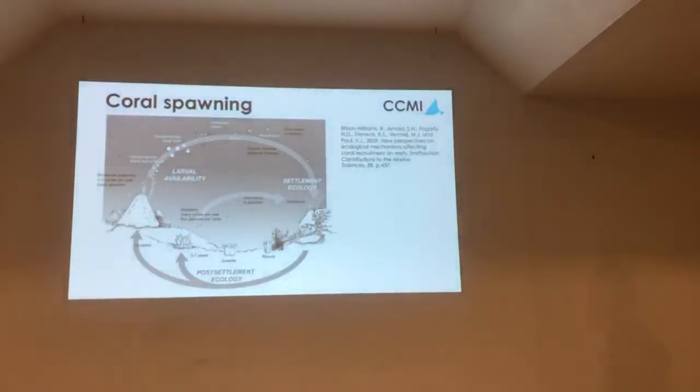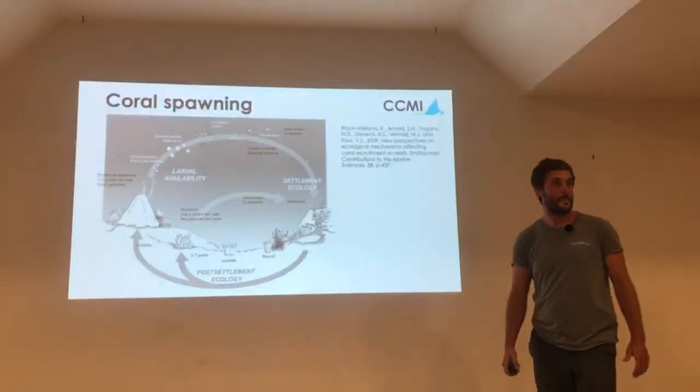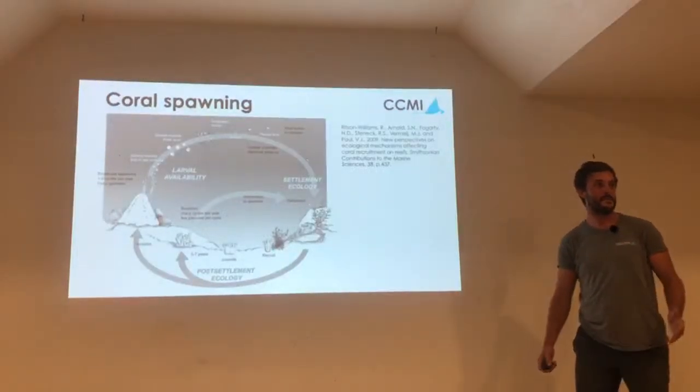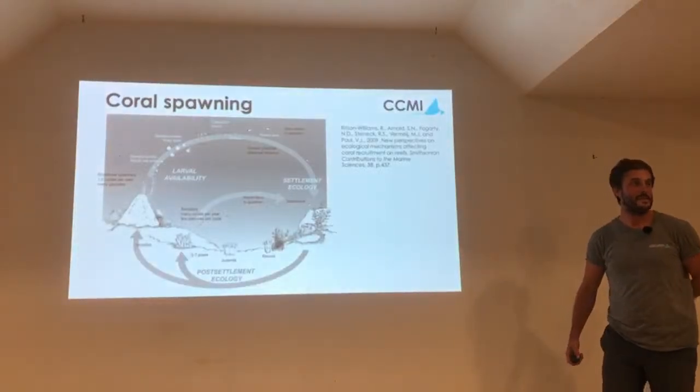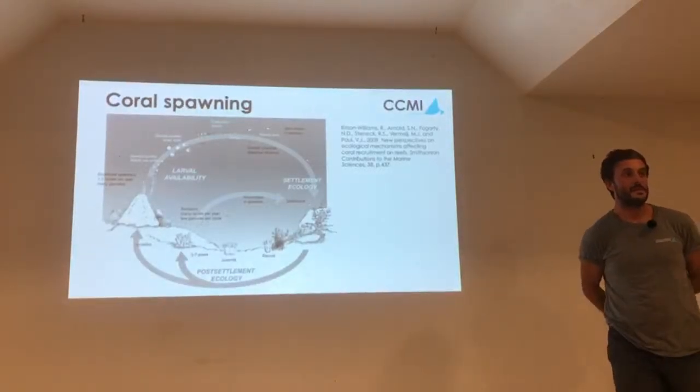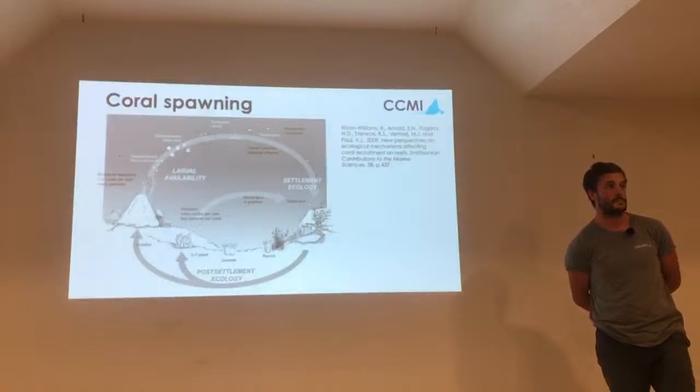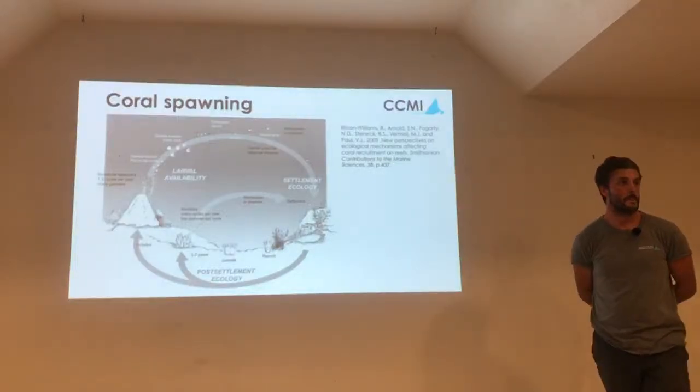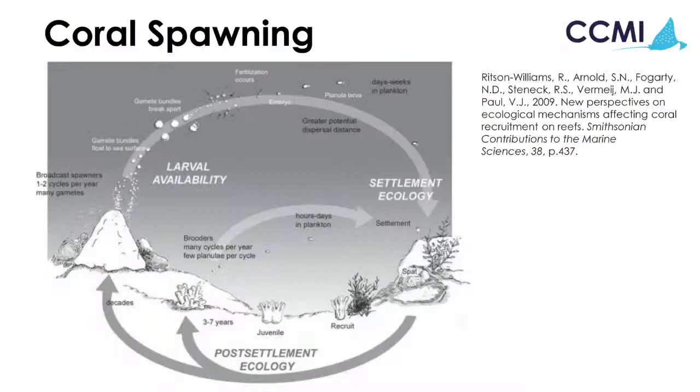So do you guys know how corals mate, how they reproduce, not mate? Don't they release their gametes at full moon? Yeah, so corals release. So we've got hermaphroditic, let's for this sake, we've got hermaphroditic coral here.